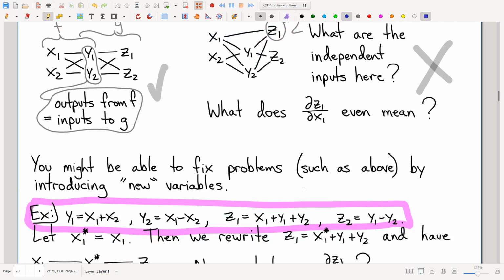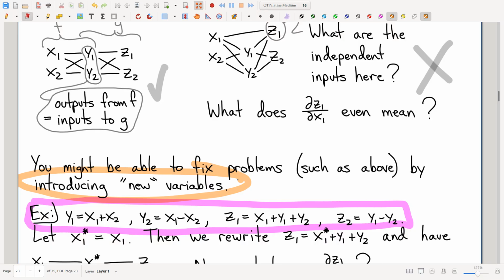And what are we going to do? Roughly speaking, the idea is to introduce a new, in air quotes, variable that will turn what is not a composition into an actual composition.